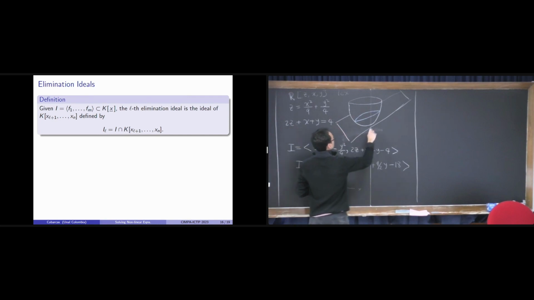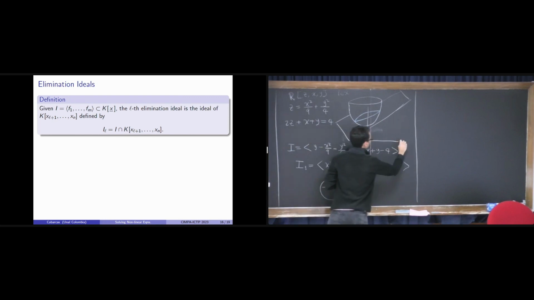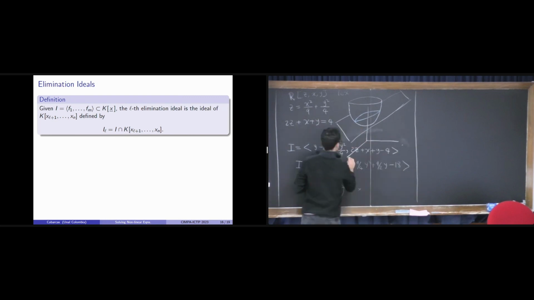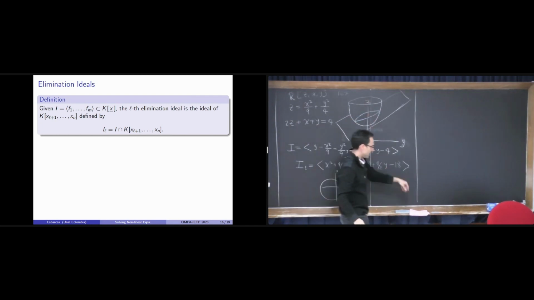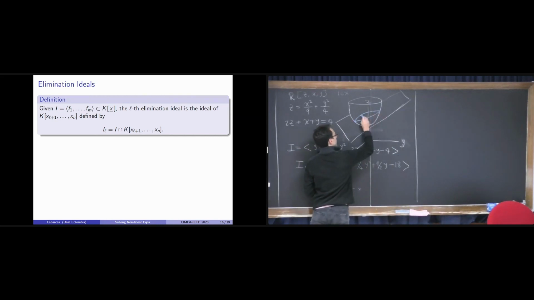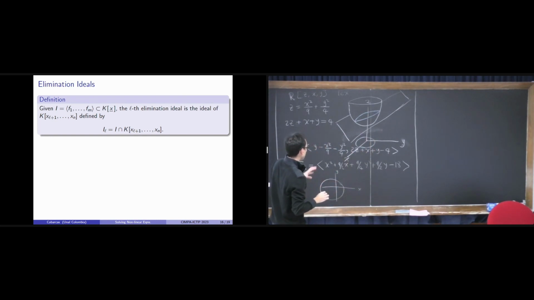So if we have the xy plane here, so let's say we have x here, y here, and z here, and we project that curve that describes the solution into the xy plane, what we're going to get is an ellipse which is described by this equation.